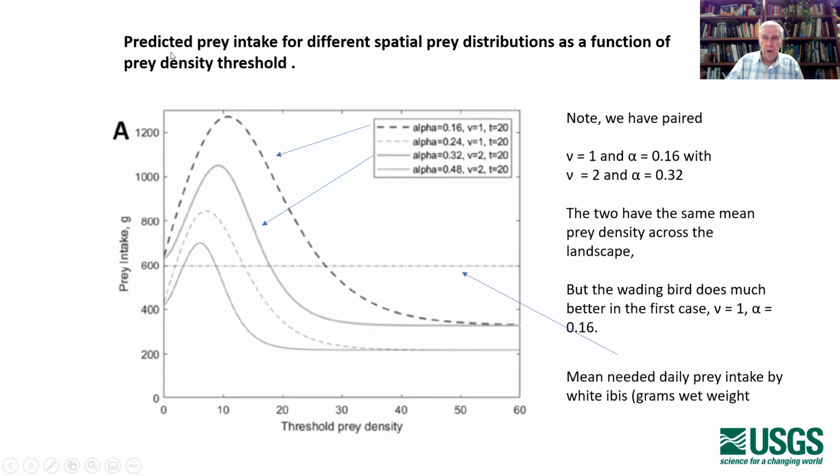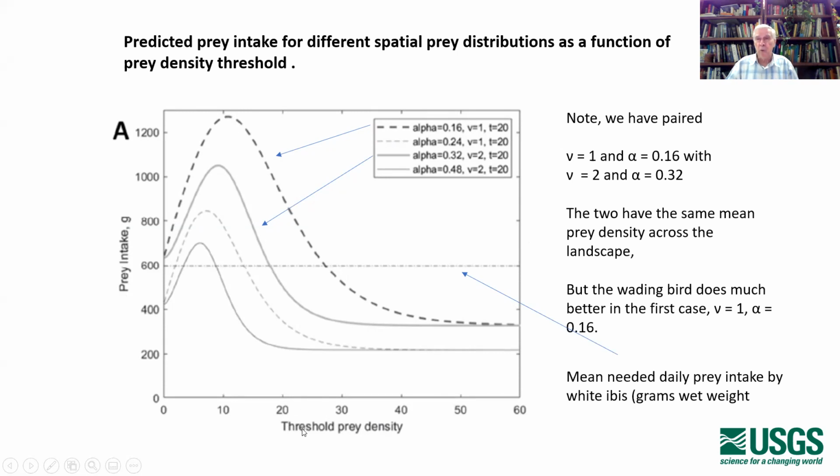Next, using the formula for predicted prey intake at different prey spatial distributions as a function of prey threshold, we get the following curves. This is prey intake in grams wet weight over the course of the day, and this is the assumed prey threshold density.